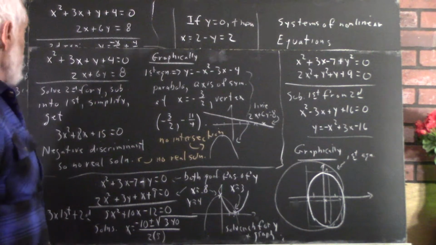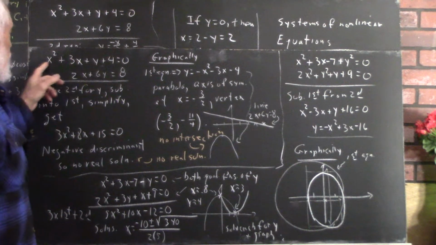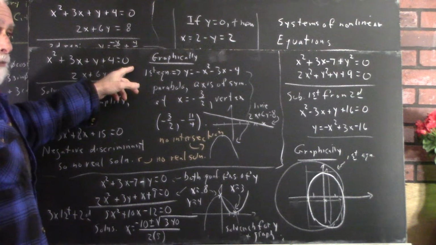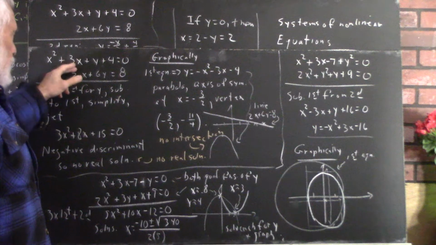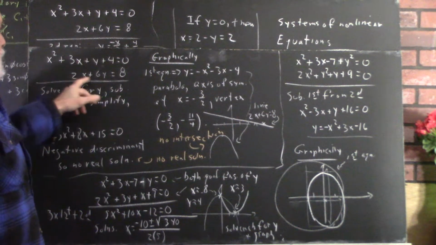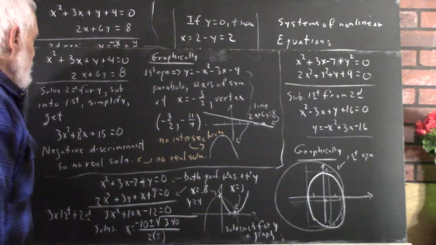Starting over here, we have a little more complicated expression that involves an x squared, and then an x and a y and a number, and a linear function here.